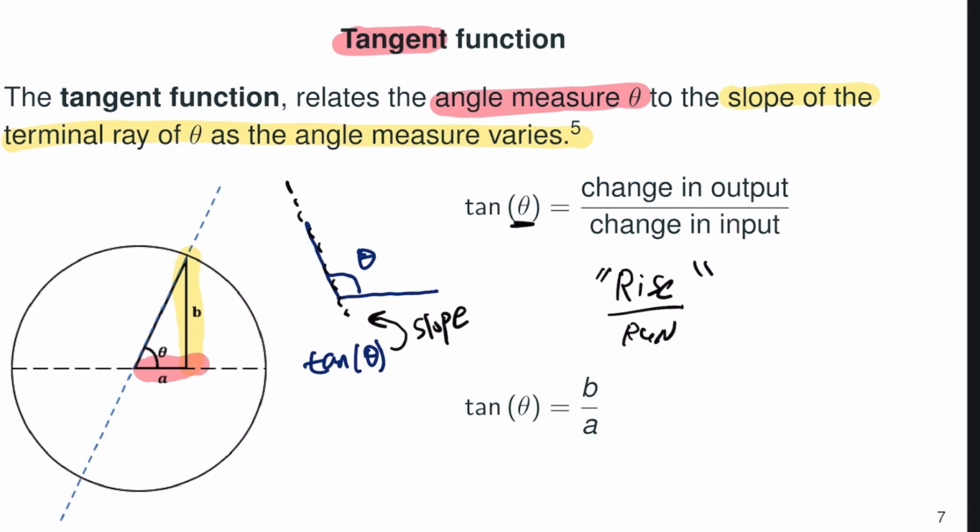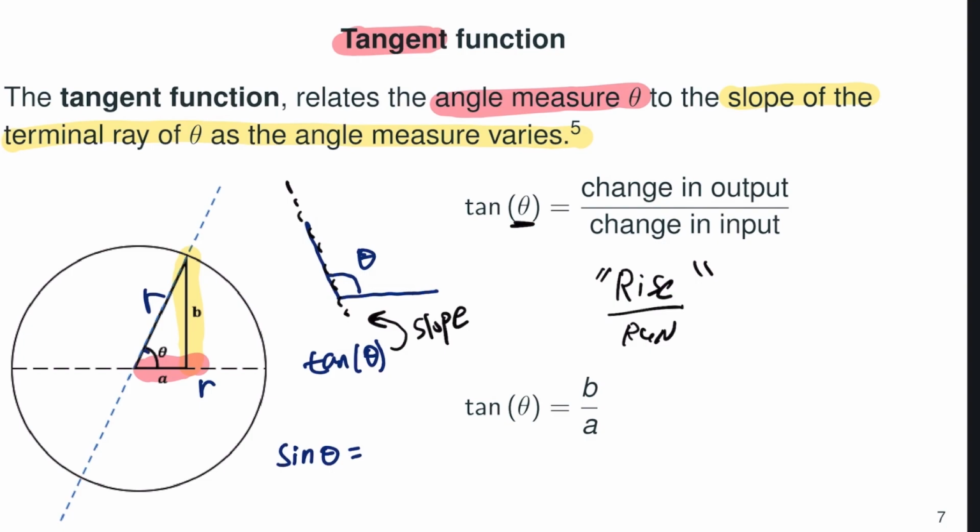Okay. And because we're dealing with change in output over change in input, or vertical distance over horizontal distance, it can be also expressed as a sine over cosine. Because sine of this angle, if this is radius r, although radius itself is not used in tangent, it will cancel out. I'll show you in a second.